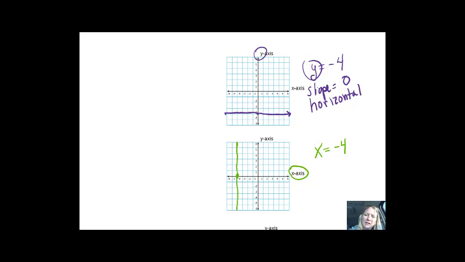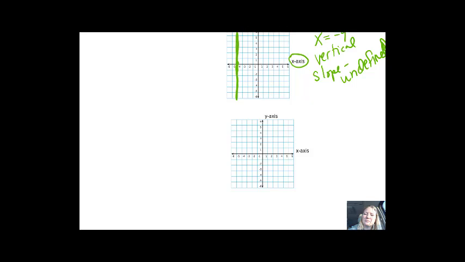The domain is the same all the time, negative 4. This line is vertical. It has a slope, which we call undefined. I spelled it wrong. There you go.